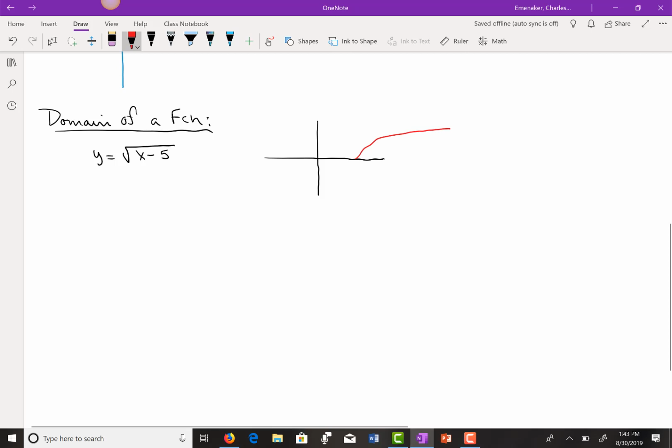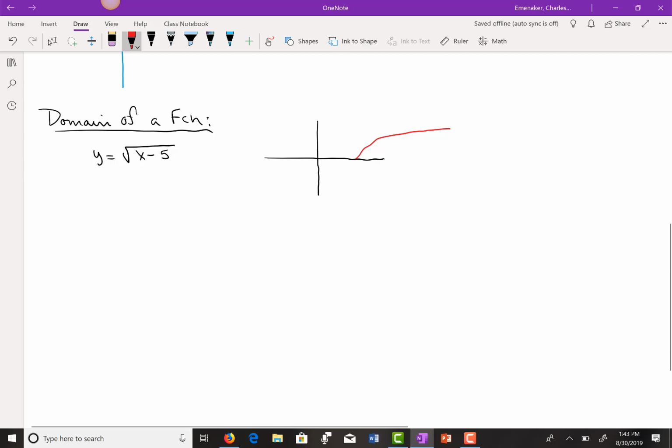Okay? Don't worry about how you got that right now. We'll deal with that later. Not later today, but later. Okay, so look at that function. Does it pass the vertical line test? Yep, so it really is okay to call it a function. So we're good. Now the question is, what's a legal play with this function? Could we use x equals 3 for that function? Is that a legal play?